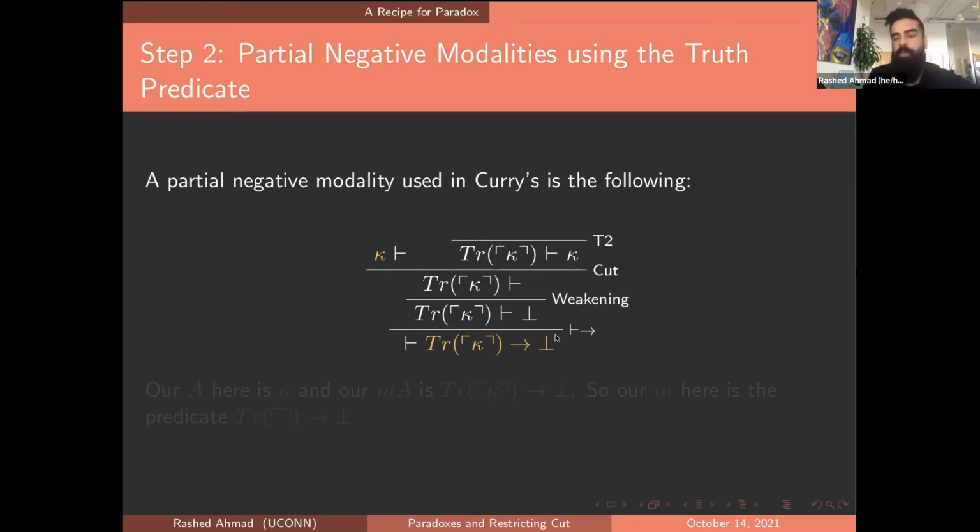And those partial negative modalities are paradoxical once we use the third step. So with weakening, we put absurdity here. With the right arrow rule, we get if kappa is true, then absurdity follows. This is our A, this is our MA, so this is a partial negative modality.